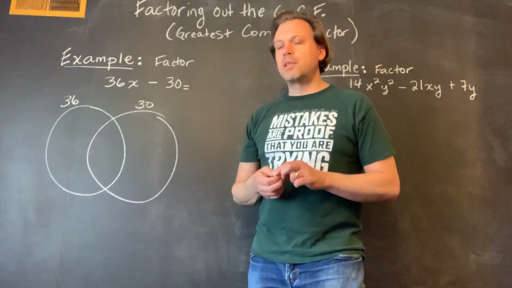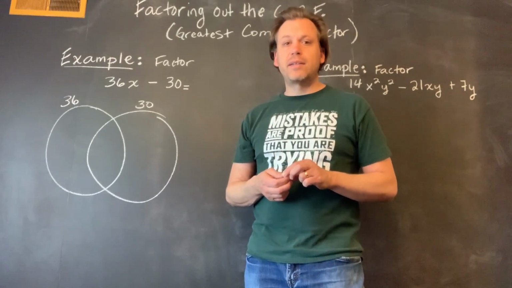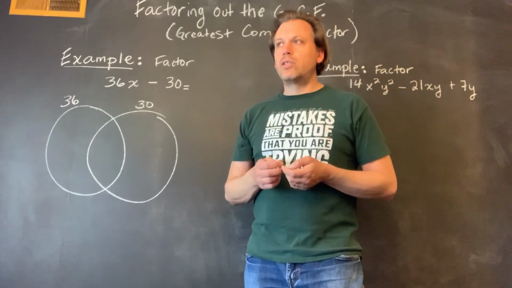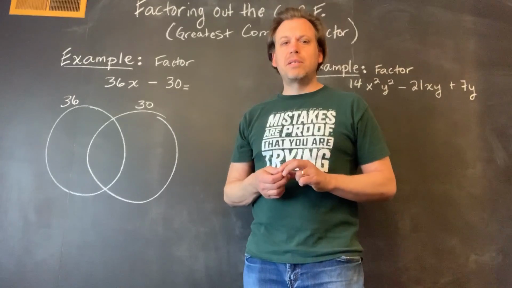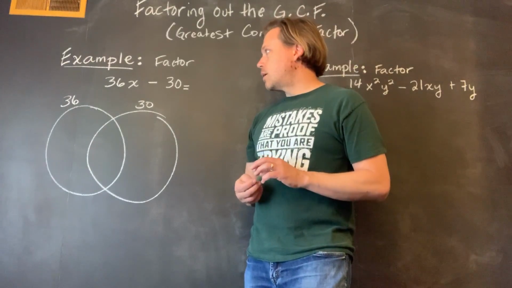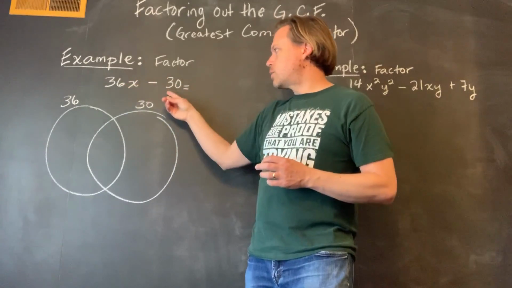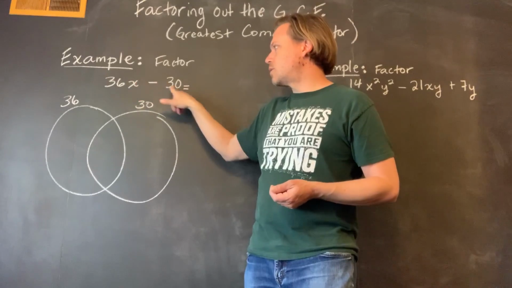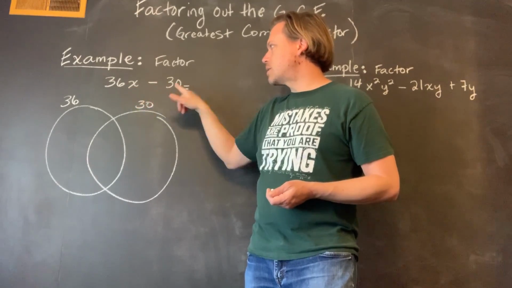And I'm going to show you a trick for how to find the greatest common factor between two terms, which you can use if it helps you, but you don't have to. We'll start with an example that has two terms, a 36x and a 30. So I'm doing 36x minus 30.